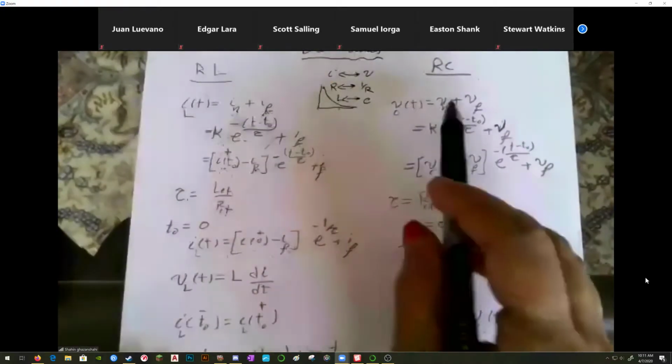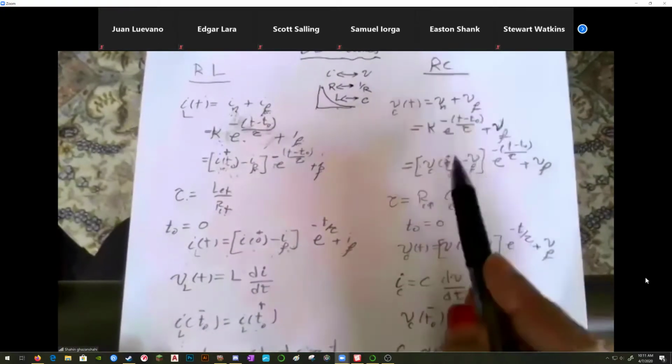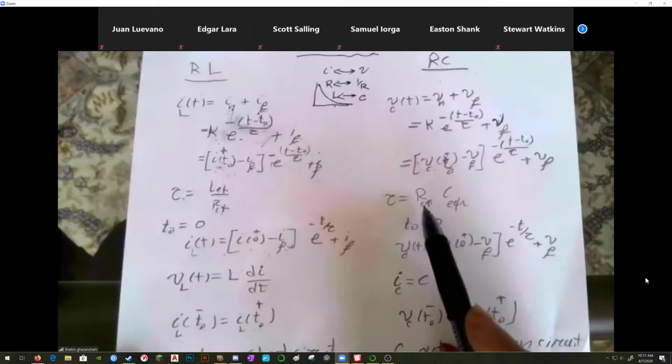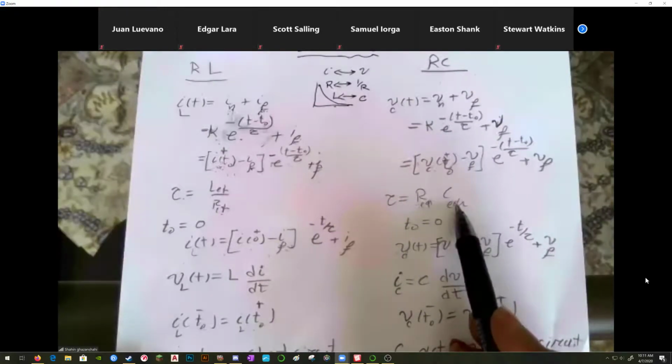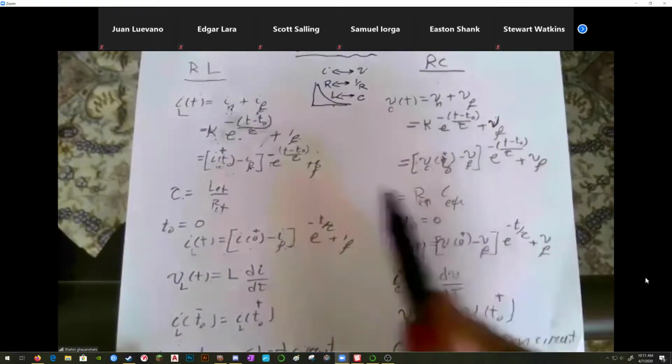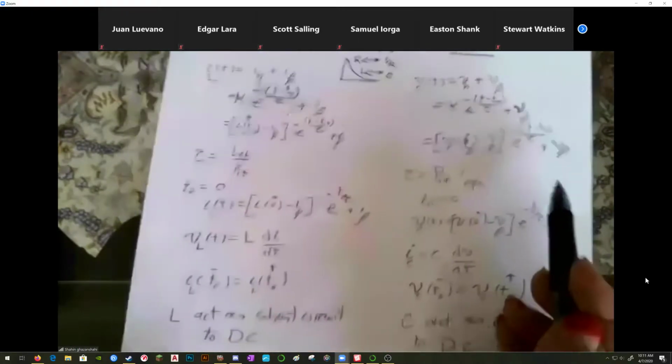So here for the voltage, K is a difference between the initial voltage and final voltage. Time constant is R equivalent times C equivalent. So 1 over R changed to R, L changed to C, correct?